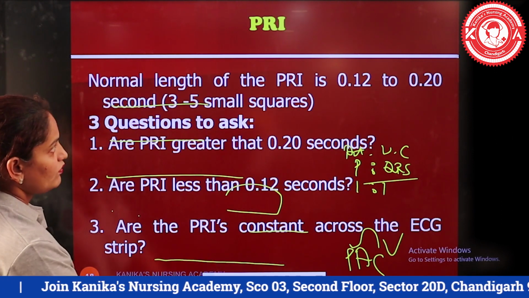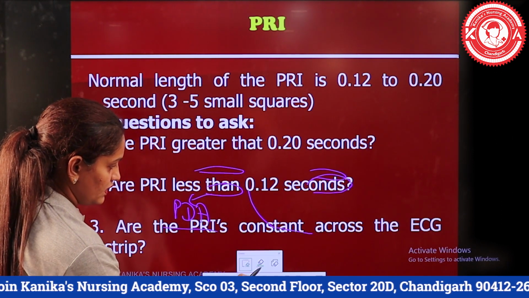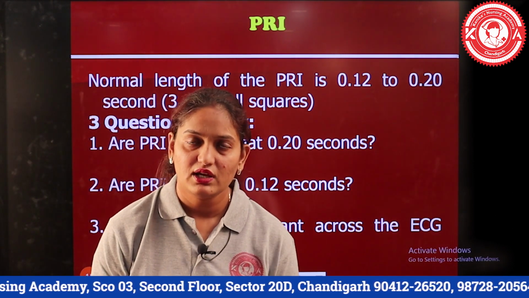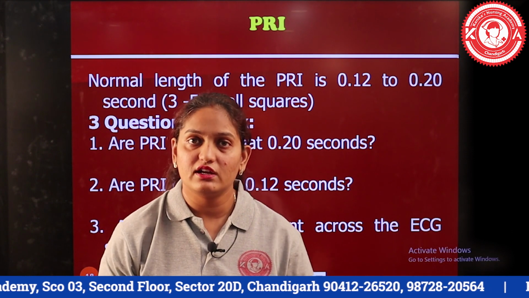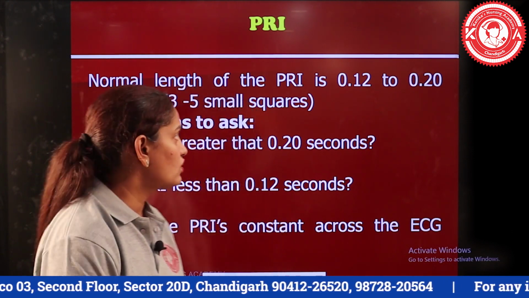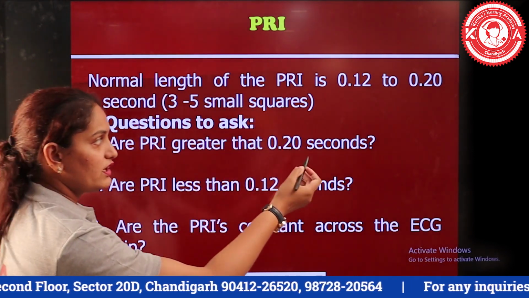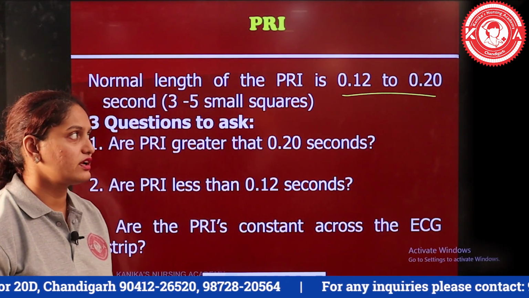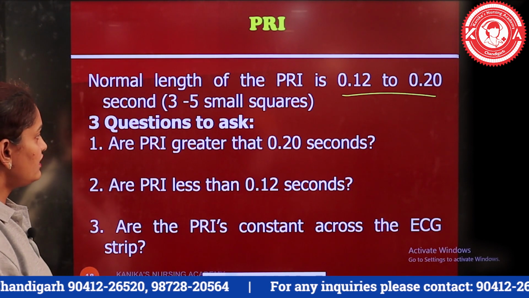Moving on to the next one. This is about the PR interval, the time period between the atrial contraction and the ventricular contraction. So normal length we have already discussed: 3 to 5 small squares, or between 0.12 seconds to 0.20 seconds.